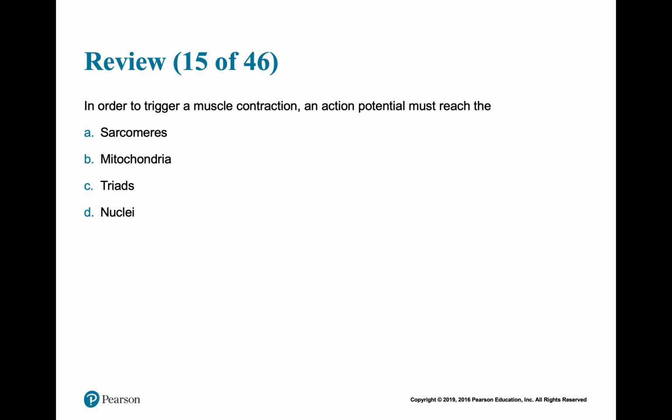And right lateral to it, sandwiching that T-tubule on both sides, are the enlarged regions of the sarcoplasmic reticulum, the terminal cisternae. Together, terminal cisternae of the sarcoplasmic reticulum, T-tubule, and another terminal cisternae, that is referred to as the triad. So in order to trigger a muscle contraction, an action potential must reach the triad.